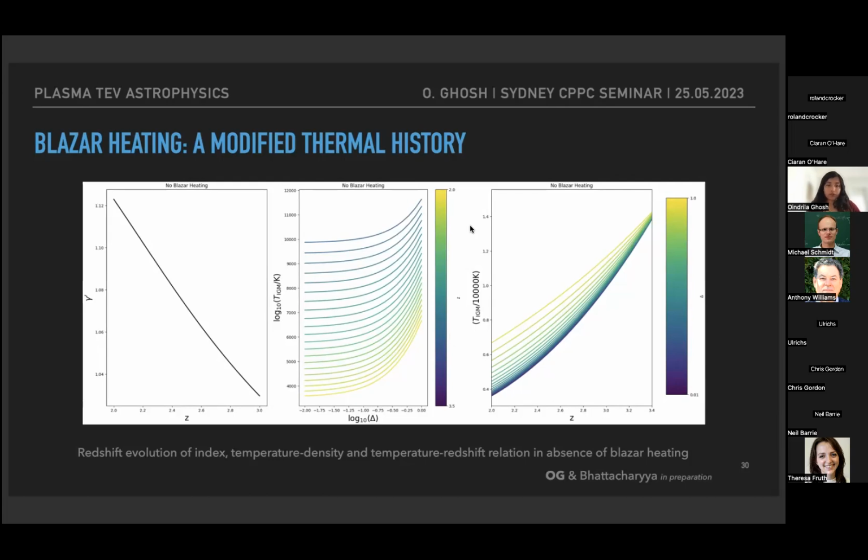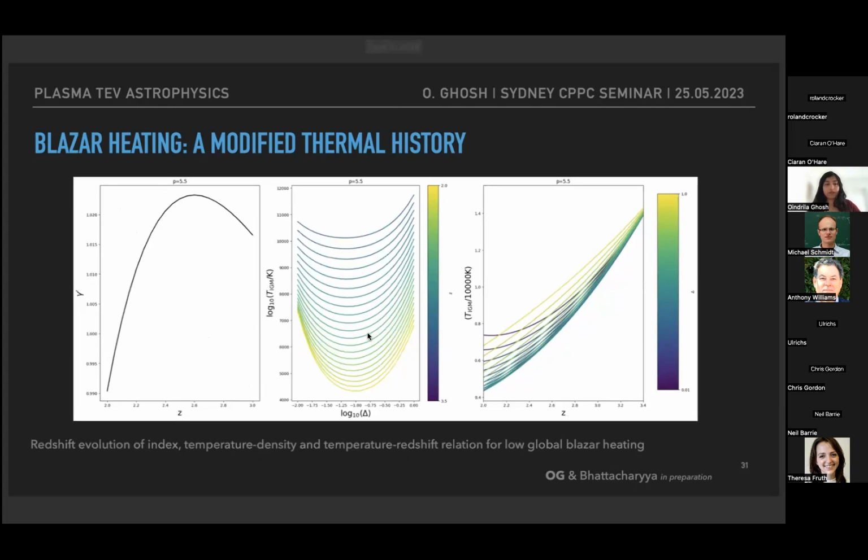So we noticed that the impact of heating is the most pronounced in the underdense regions, and this is observed from looking at different blazar heating scenarios.